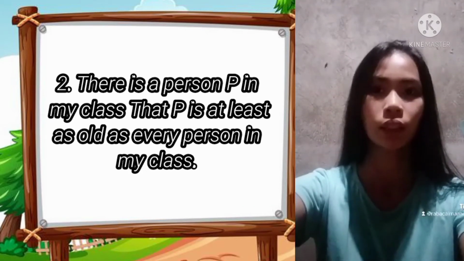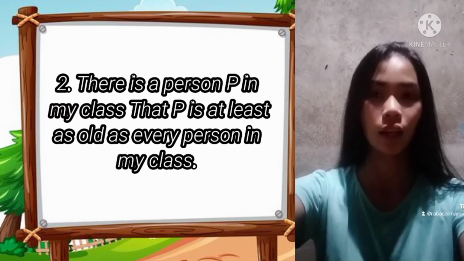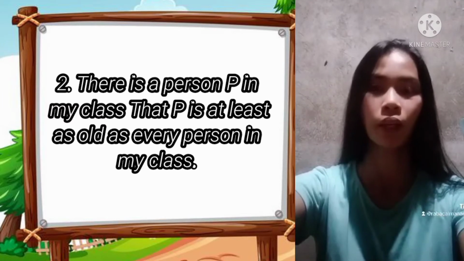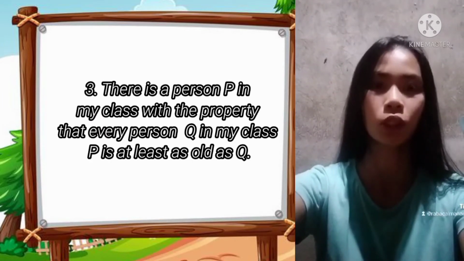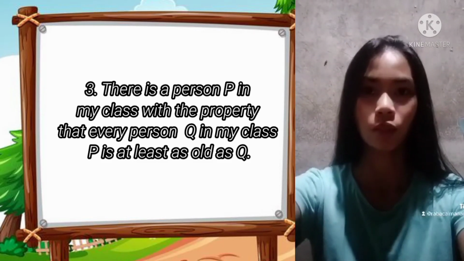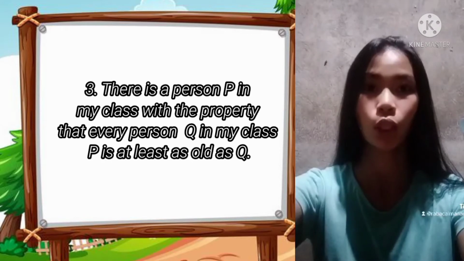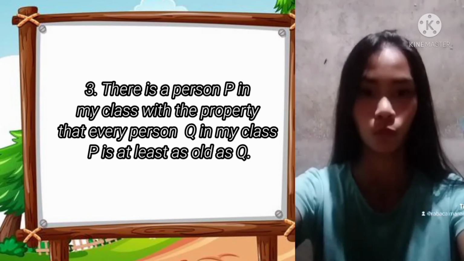Number 2. There is a person P in my class who is at least as old as every person in my class. Number 3. There is a person P in my class with a property that for every person Q in my class, P is at least as old as Q.